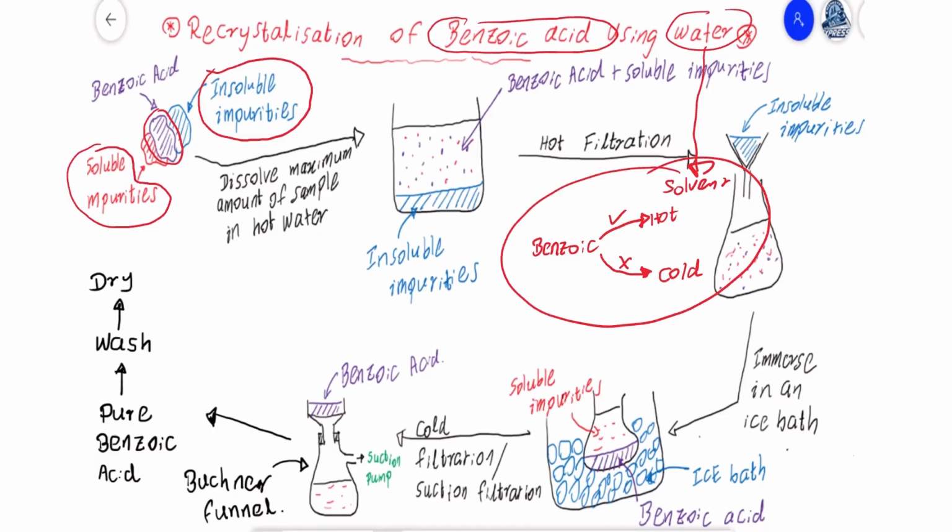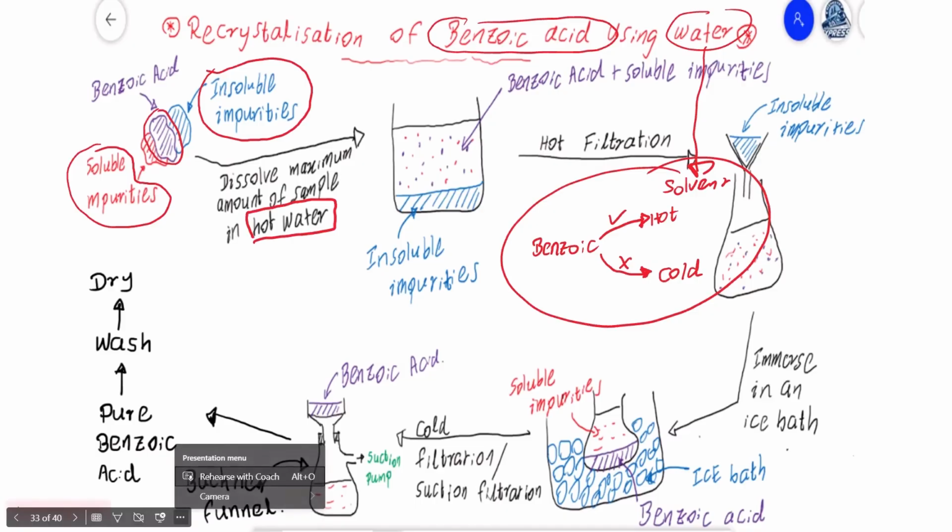Now what we are going to do is dissolve the maximum amount of this benzoic acid sample in hot water. What will happen when we use hot water? Benzoic acid dissolves, as we just discussed. So we can expect benzoic acid to dissolve there.